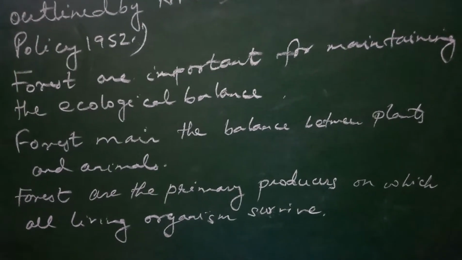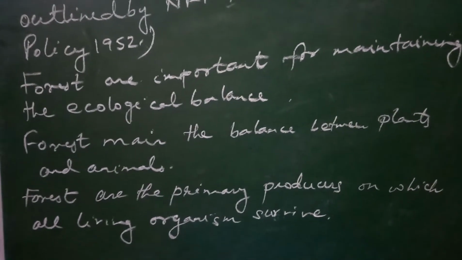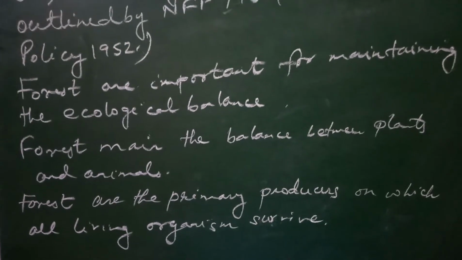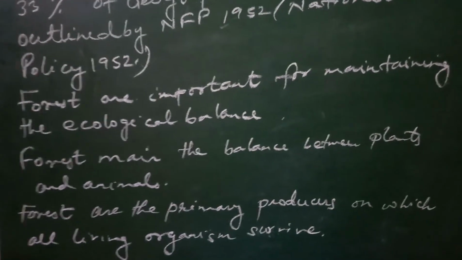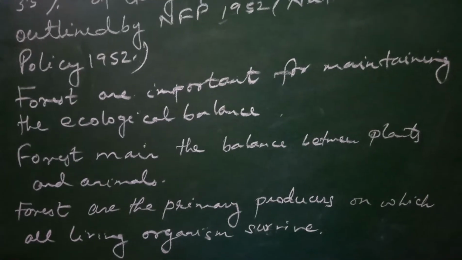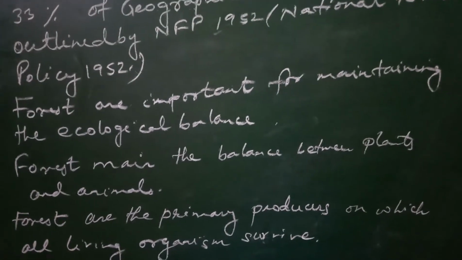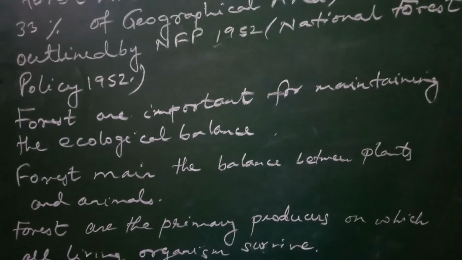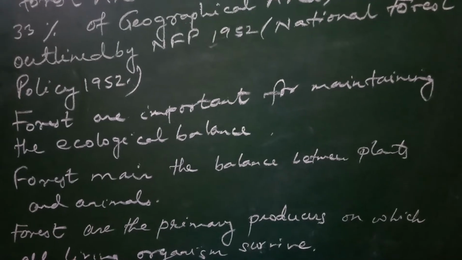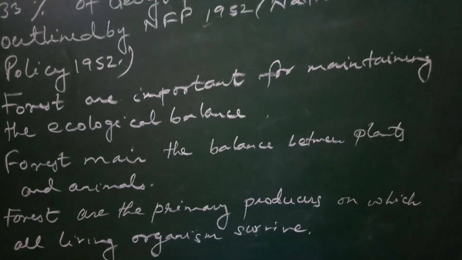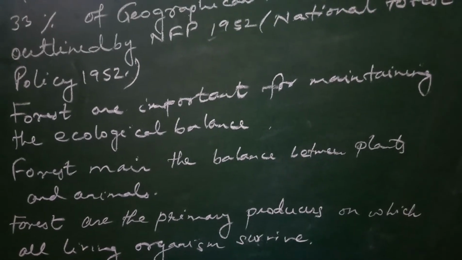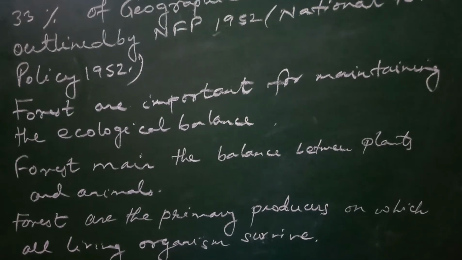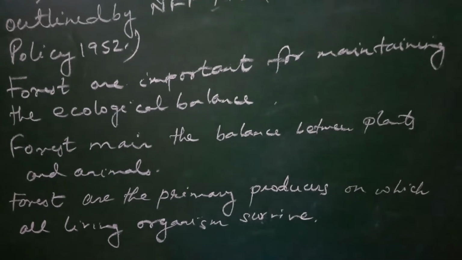If forests are less than the stated 33% as defined by the National Forest Policy 1952, the balance between plants and animals will be disturbed.